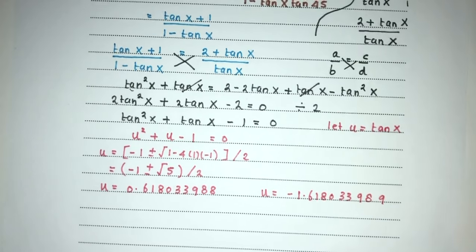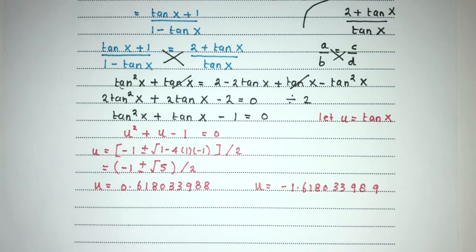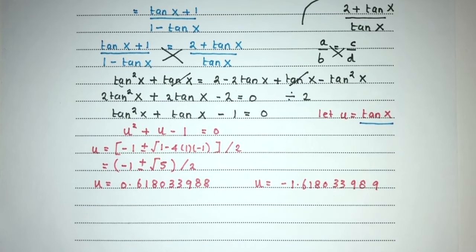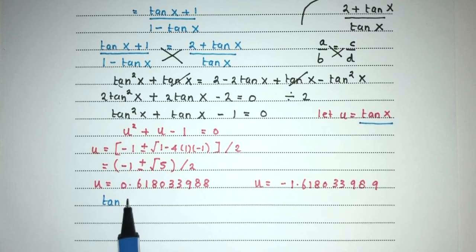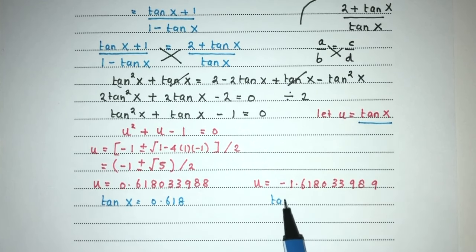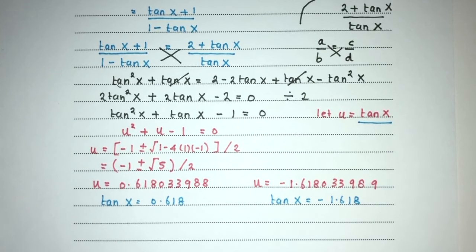So we have two values of u. But now again, we're not trying to find the value of u. So finally, let's bring back this one to the equation. So we have tan x is equal to 0.618, or tan x is equal to minus 1.618.